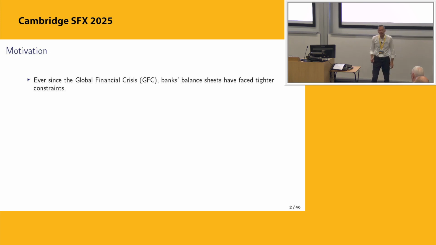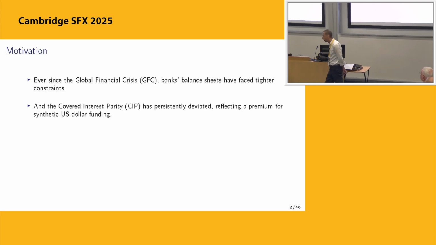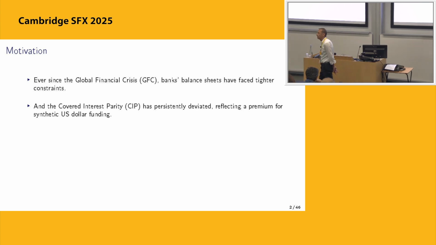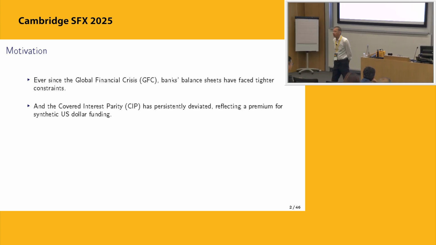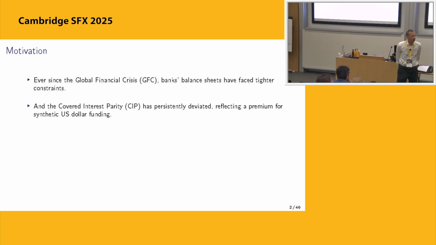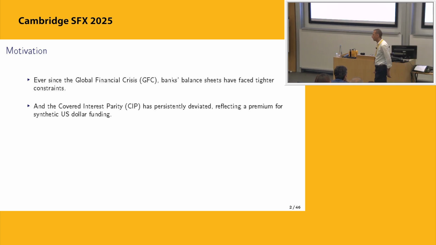At the same time, we see that the covered interest parity has been persistently violated, and not only this, but it was directional, implying a premium or a higher cost if you want to borrow dollars.